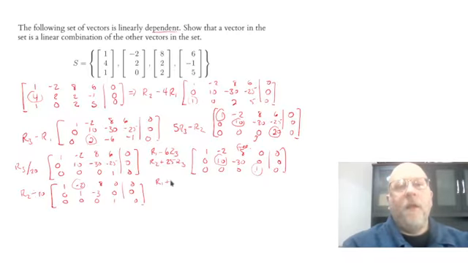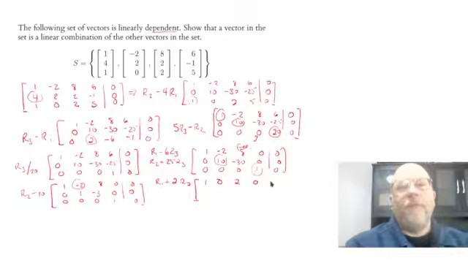Row 1 plus 2 times row 2. 1. Negative 2 and 2 is 0. 8 minus 6 is 2. 0 and 0 and 0. All right.